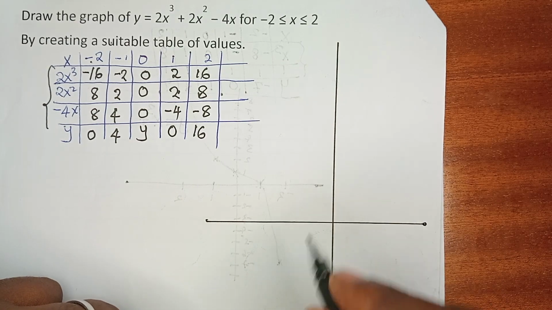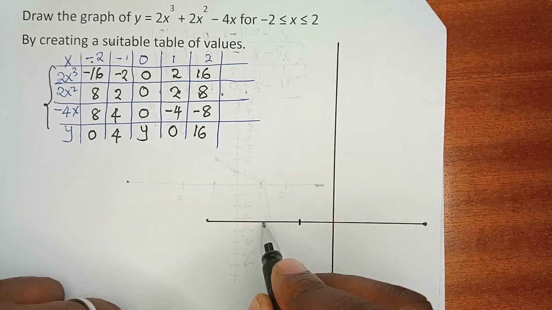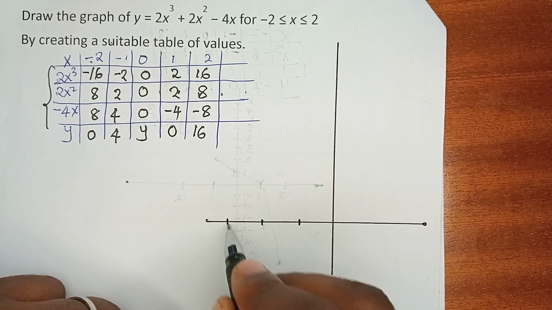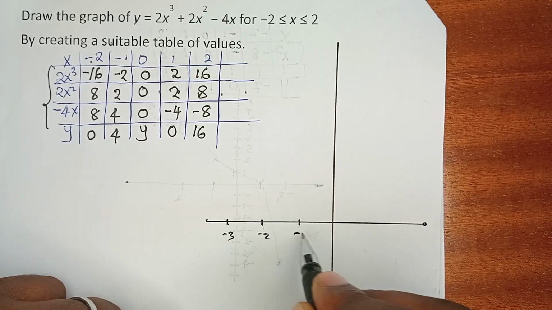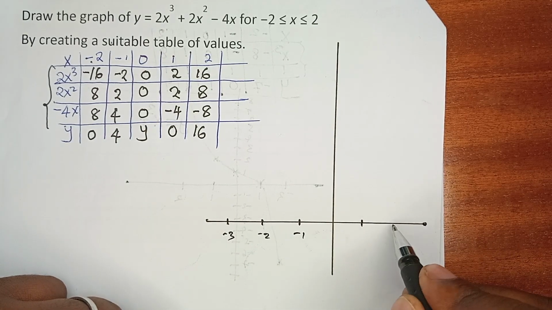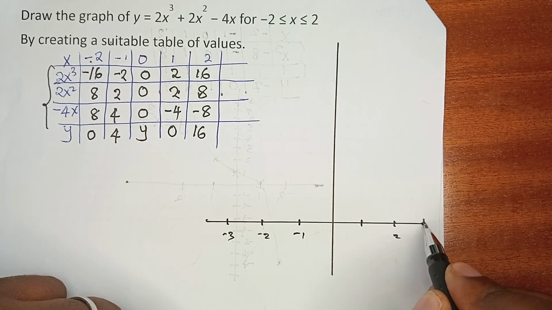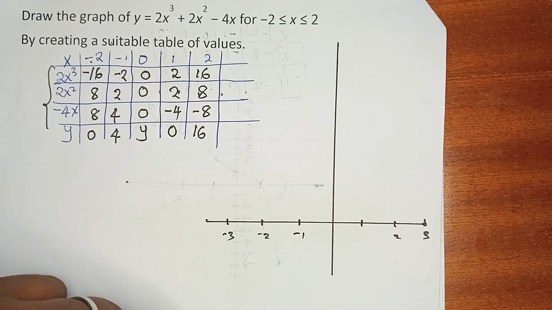Fine. And it goes without saying, when x is -1, x is -2, x is -3, we have x1 there, we can have x2 there, and we can also have x3 there.